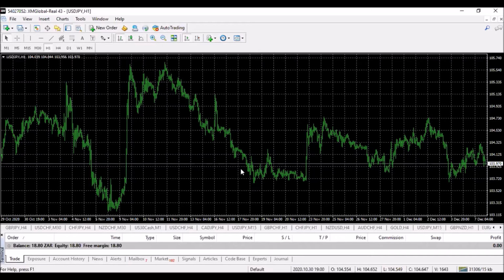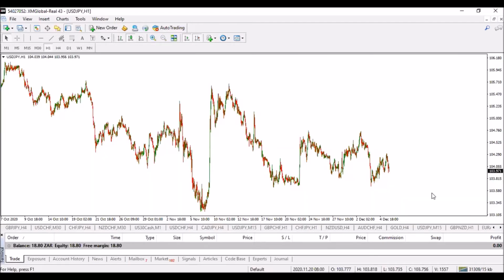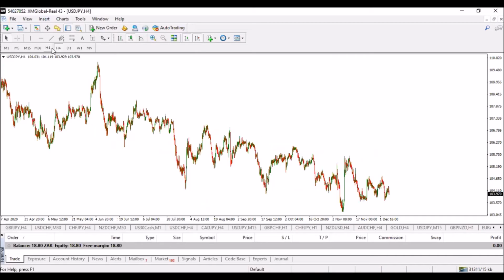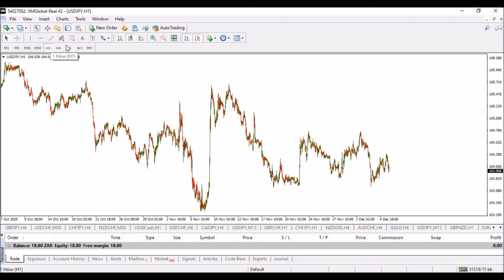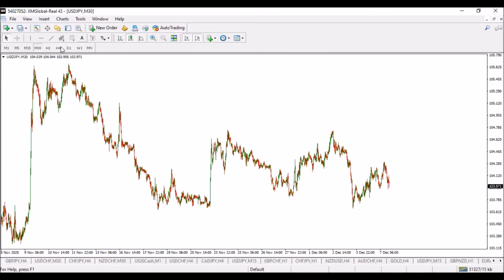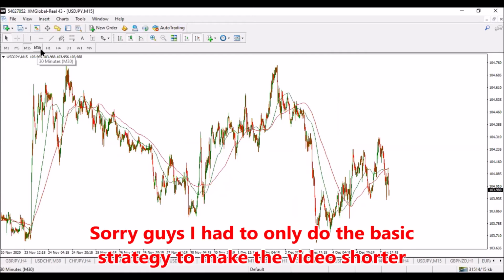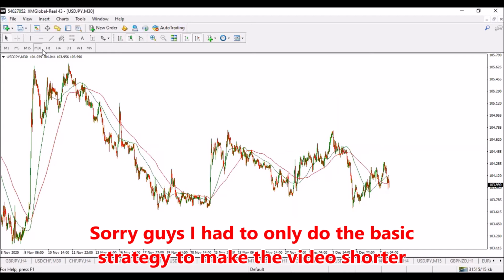UJ, although it's not my favorite pair, but I'll just do it because of here. Okay, so for UJ, let me go. Okay, so for here, as I said, you use a time frame that you can see what's happening.